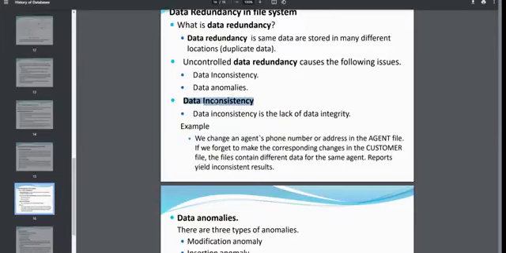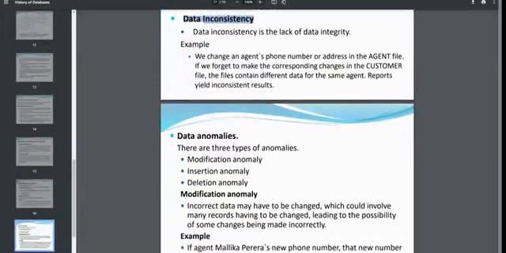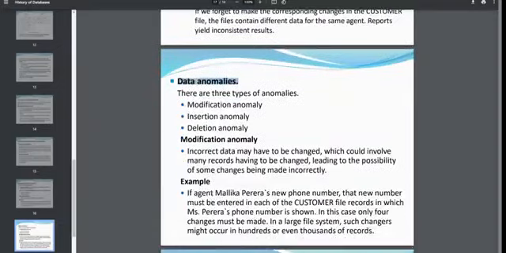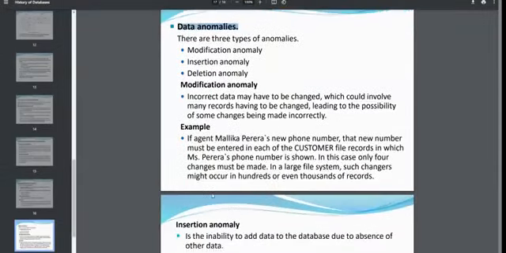Due to this data inconsistency, another problem occurs: data anomalies. When someone is trying to modify data, what happens? Here is the example. Read and understand.